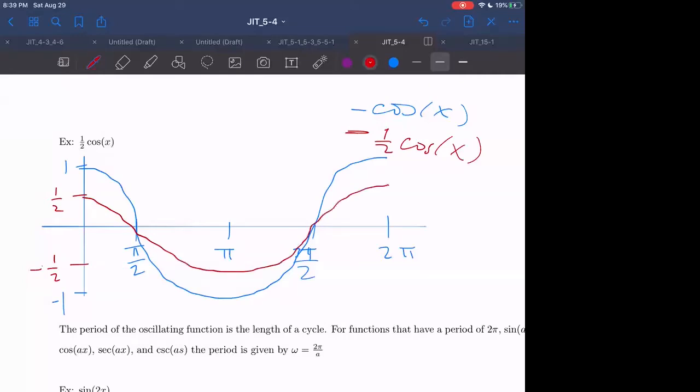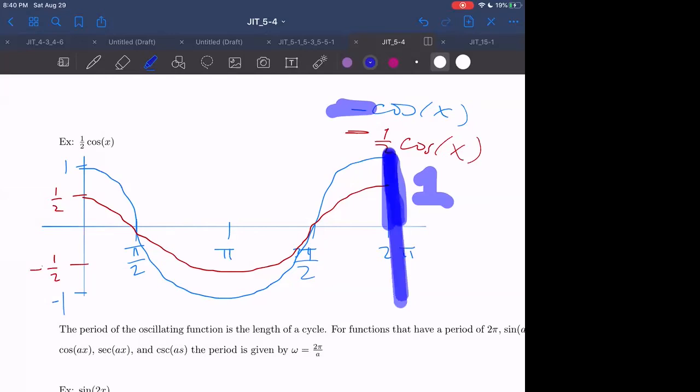And our amplitude for just the regular cosine is 1. You can either look at that as from the top of a wave to the x-axis, or it's half times top of wave to the bottom of the wave. From top of the wave to the bottom of the wave would be 2, and then times a half would give you 1.